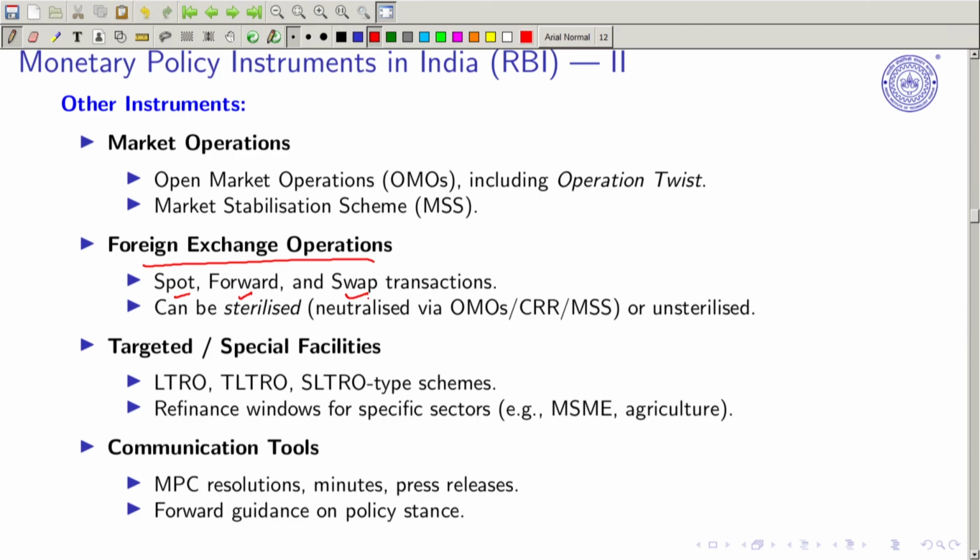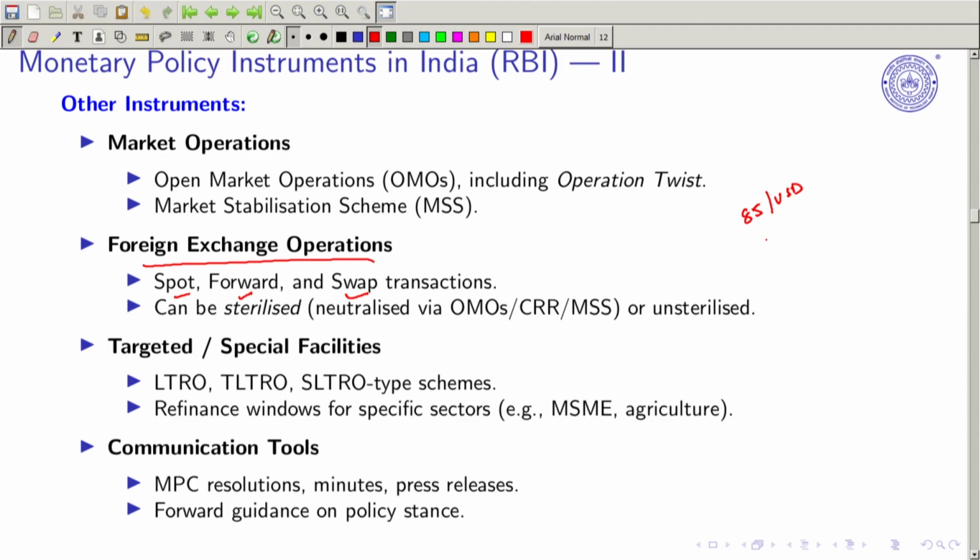If it appreciates, then you are going to lose money. If you are not very sure, you want to cover your risk. So, you buy a forward, that you will be buying the dollar at today's price. Suppose at today's price it is coming out to be 85 rupees per USD.